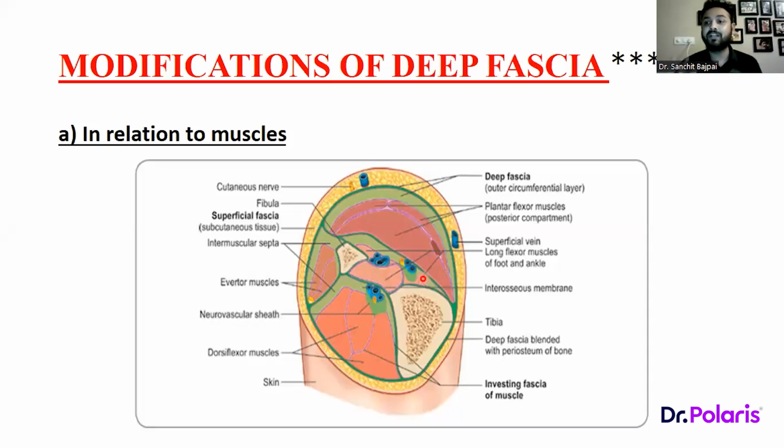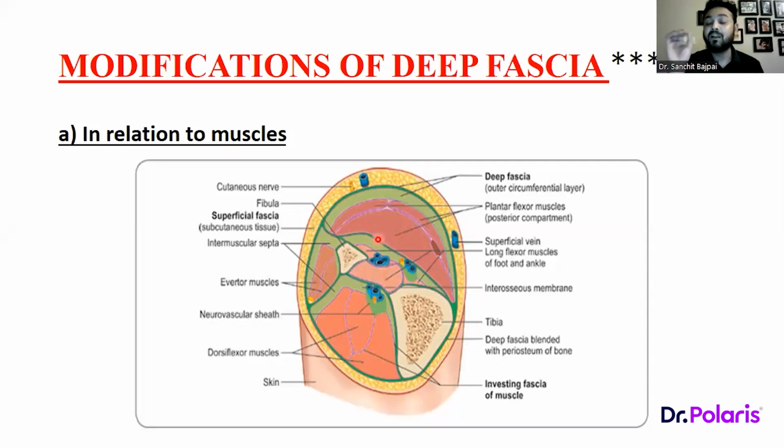That is why whenever you're reading limbs, you will see anterior compartment anatomy, posterior compartment anatomy, or let's say extensor compartment anatomy, flexor compartment anatomy. Why is that? Because this deep fascia is giving off intermuscular septa, which is dividing this whole limb into various compartments. See these compartments. You can see 1 compartment here, 1 compartment posterior, 1 compartment here, right?